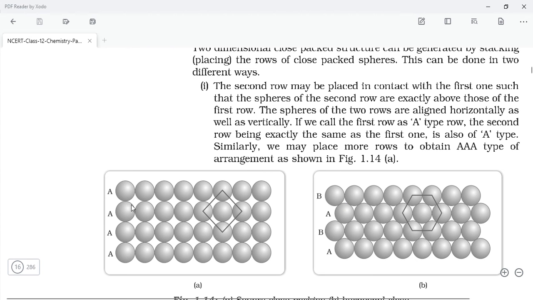You don't have to make the spheres touch in a line as in 1D close packing. There are two types of structures in 2D. That's the main point.